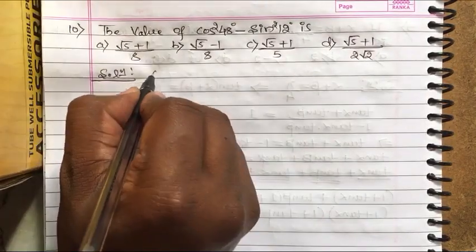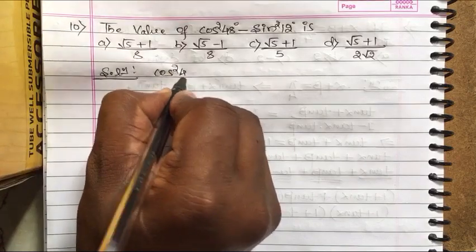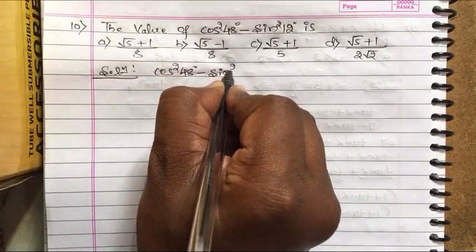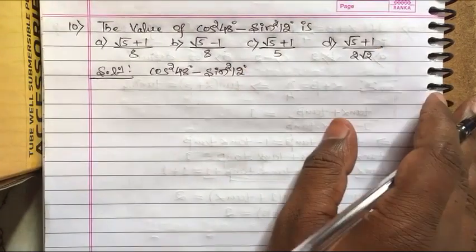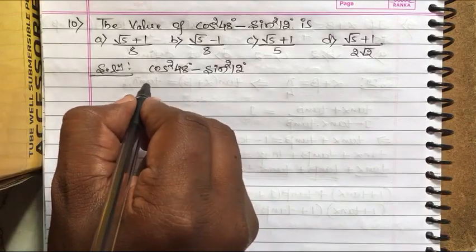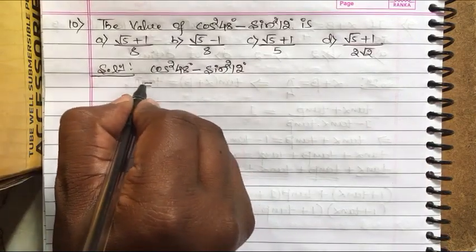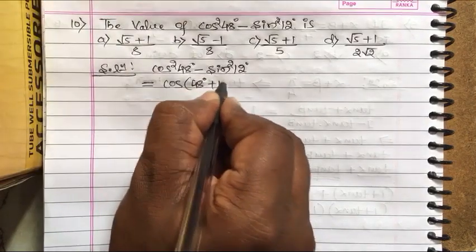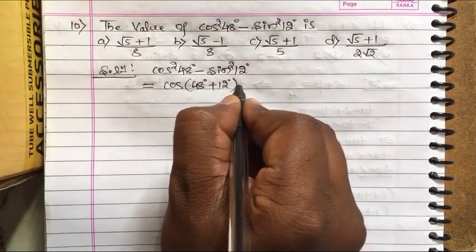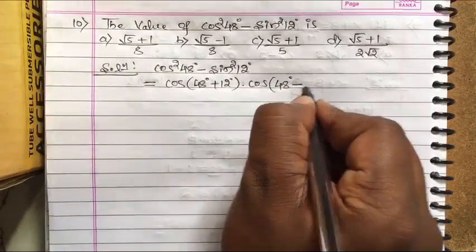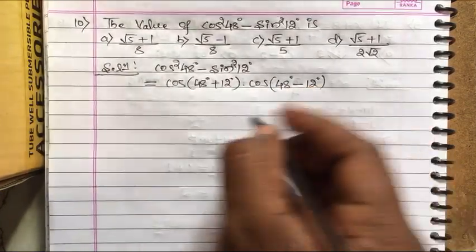So take the given function cos square 48 degree minus sin square 12 degrees. It is in the form of cos square A minus sin square B. This can be written as cos of A plus B, 48 degree plus 12 degree, into cos of A minus B, that is 48 degree minus 12 degrees.